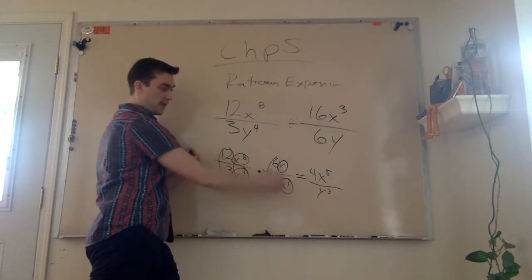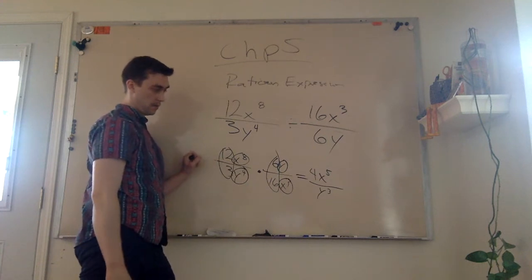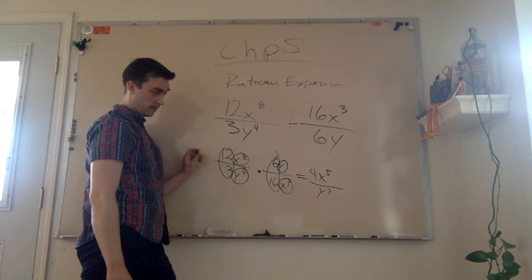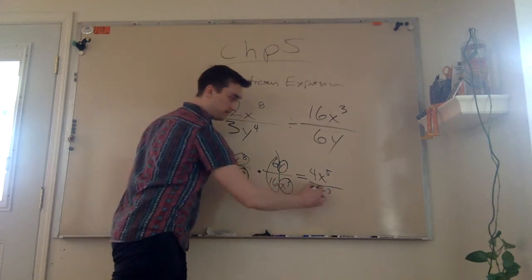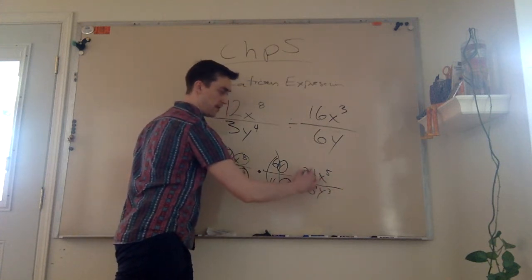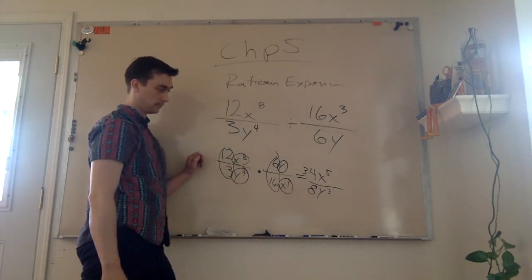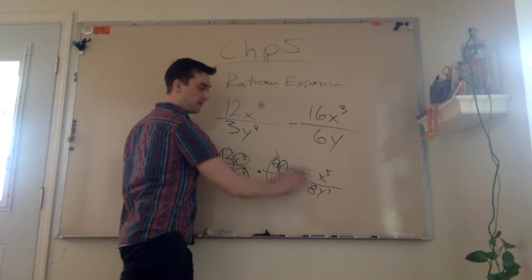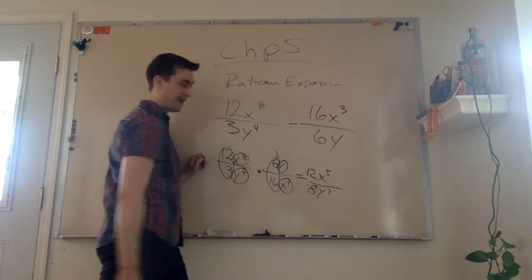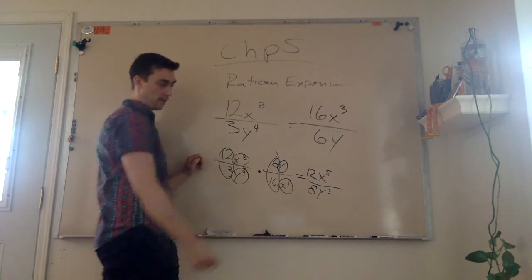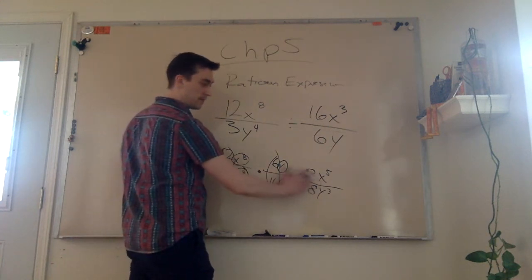And then 6 divided by 16, what would that be? 3/8. So 3 on top and an 8 on the bottom. 3 times 4 is 12. I'm doing this the super long way, so feel free to do this a different way, but then 12/8 becomes 6/4.